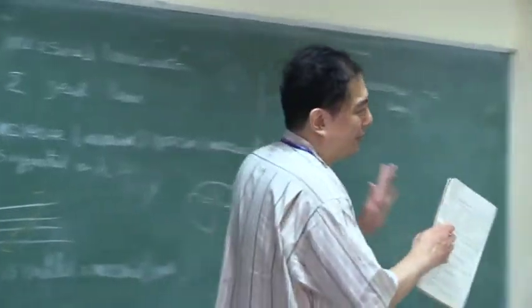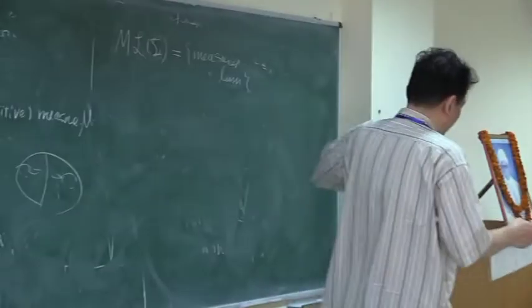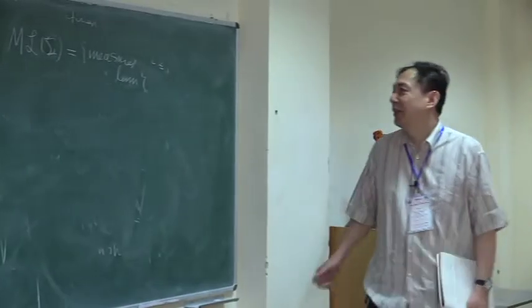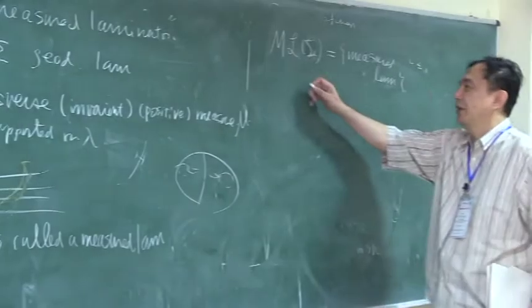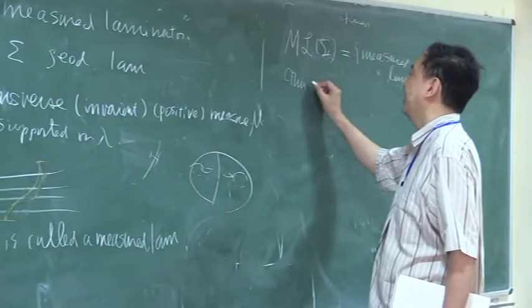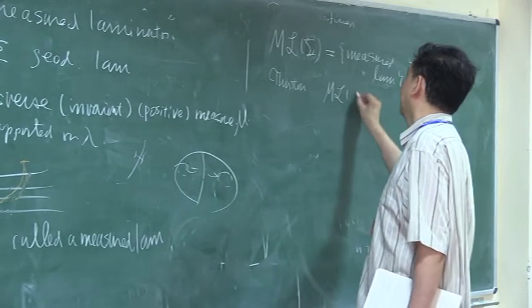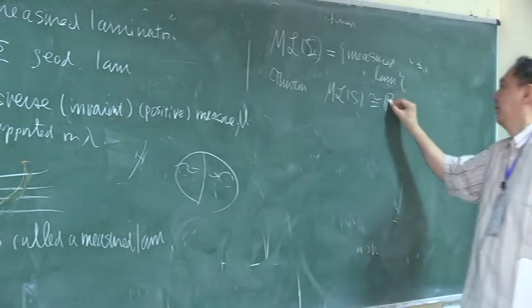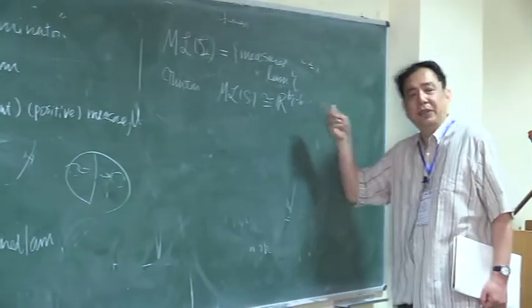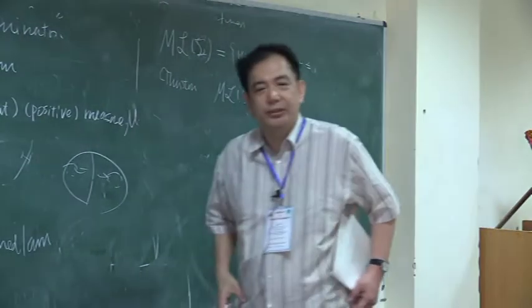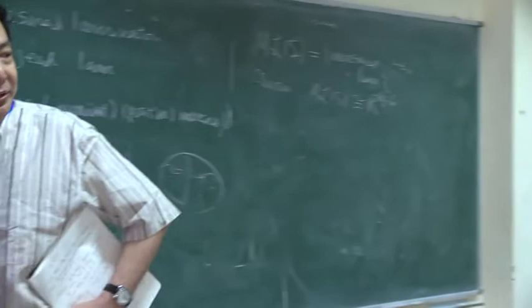Then what Thurston proved in the 1970s is that this is homeomorphic to the Euclidean space of dimension 6G minus 6. So it's homeomorphic to the Teichmüller space of S.